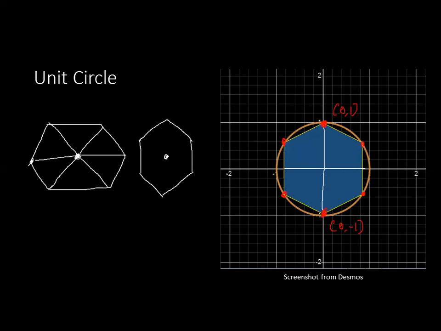The center, so we will have equilateral triangles here: 1, 2, 3, 4, 5, and 6. So there are 6 equilateral triangles, and the interior angles do not change. It's still 60 degrees. So this is 60 degrees, 60 degrees, 60 degrees, and so on and so forth.